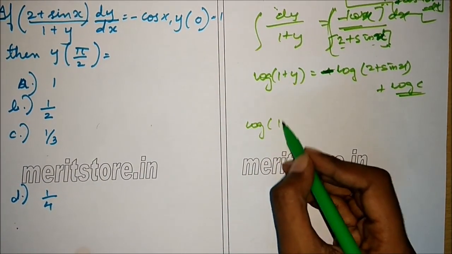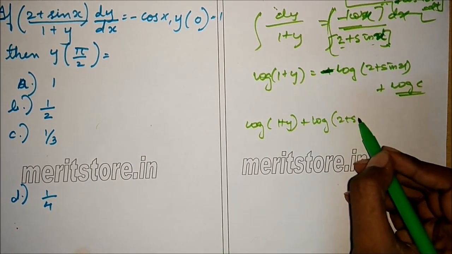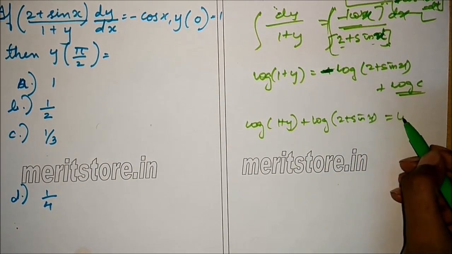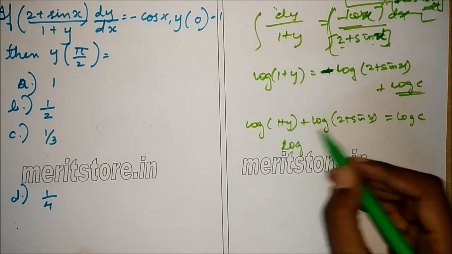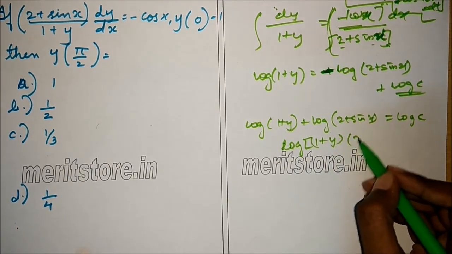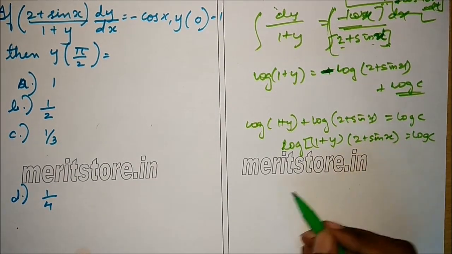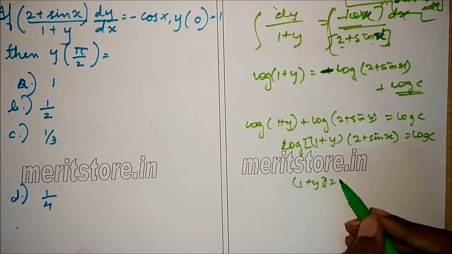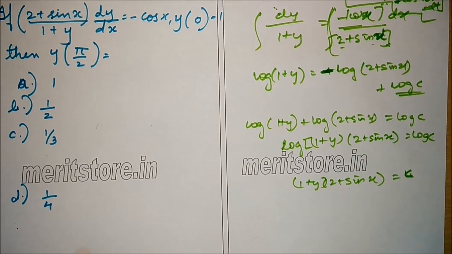So log of 1 plus y plus log of 2 plus sin x is equal to log c. So now using law of logarithm, this will be log of 1 plus y into 2 plus sin x is equal to log c. Therefore 1 plus y into 2 plus sin x is equal to c.